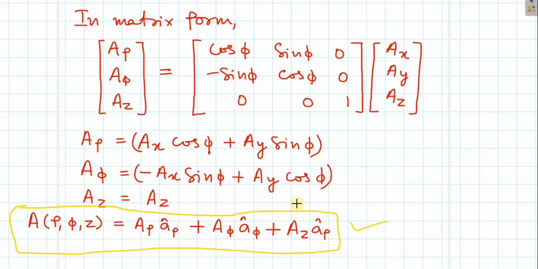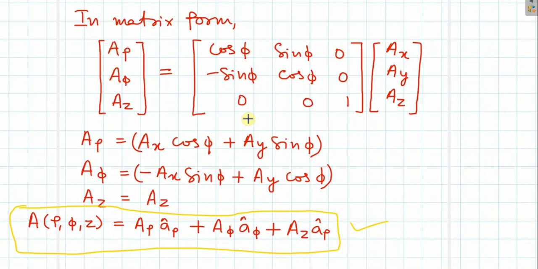Before that, we will discuss the spherical coordinate system. After this we will discuss the spherical coordinate system, and then we will discuss the mutual transformation between the three coordinate systems.